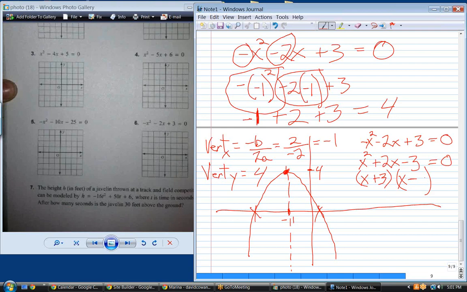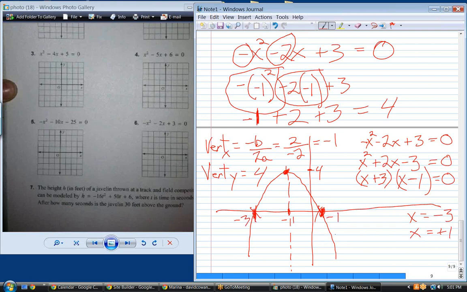So I'm going to put positive 3 and negative 1. Right. So what's the solution? X equals negative 3 and x equals positive 1. Okay, and that's my x-intercepts. There's the positive 1 right there. There's the negative 3 right there.